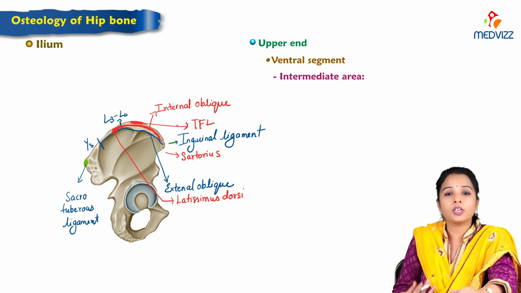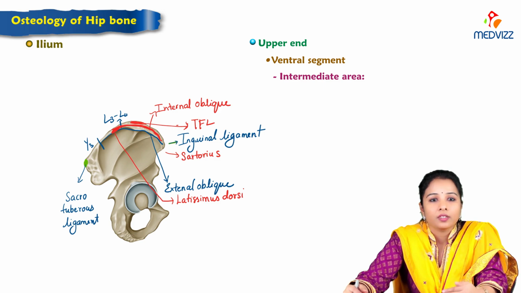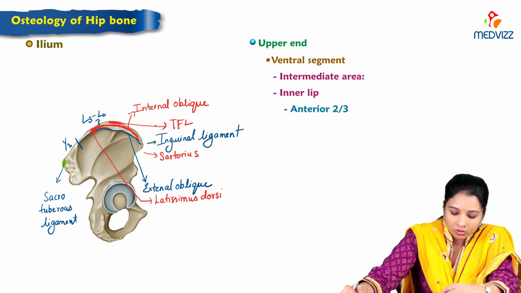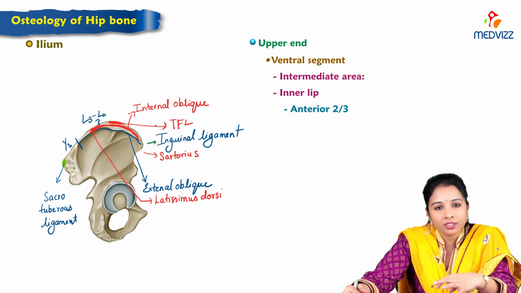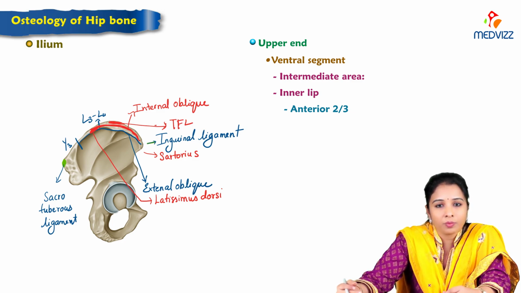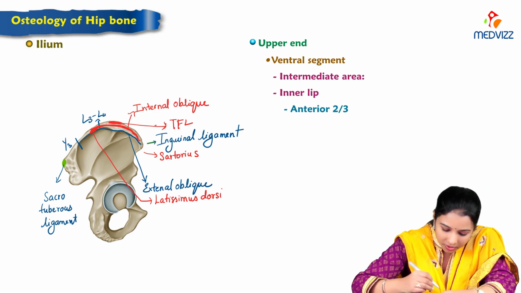So these muscles are abdominal muscles which get attached to the iliac crest. Then the inner lip. The anterior 2/3 of the inner lip provides attachment to the transversus abdominis muscle. So if you see the inner lip, again it is divided into anterior 2/3 and posterior 1/3, and anterior 2/3 of the inner lip provides origin to transversus abdominis.